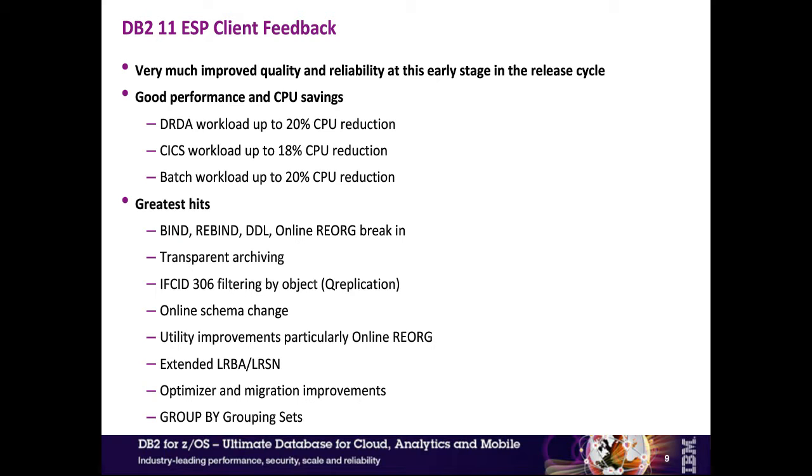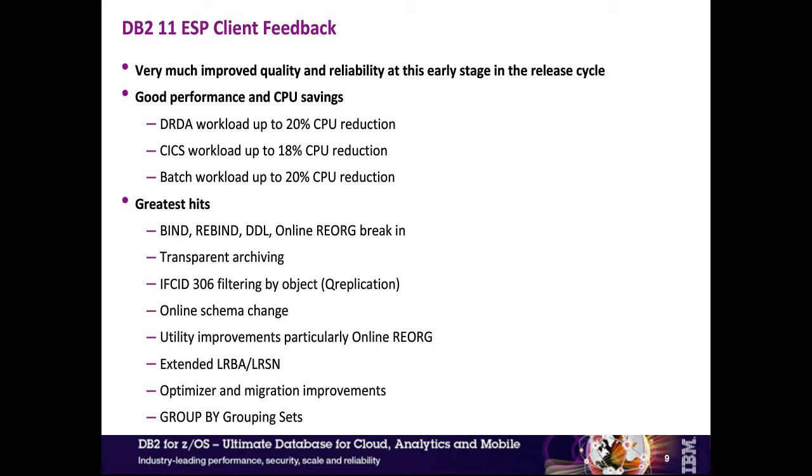The first one is bind, rebind, DDL, and online reorg, being able to break into persistent threads running packages bound with release deallocate. Many customers, as a result of version 10, are now able to make much more use of persistent threads such as IMS pseudo-WFI and CICS protected entry threads, and they're coupling that by running packages bound with release deallocate, and they're getting healthy CPU savings.